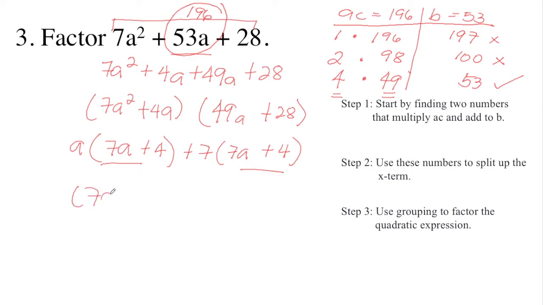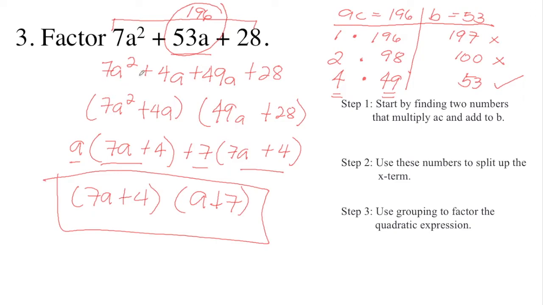Factor it out. So 7a plus 4 times the remaining terms, a and 7. And therefore, the factors of 7a squared plus 53a plus 28 are 7a plus 4 and a plus 7, and check it out using FOIL or any other method.